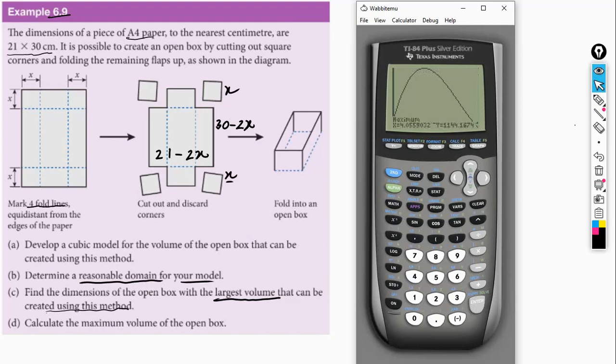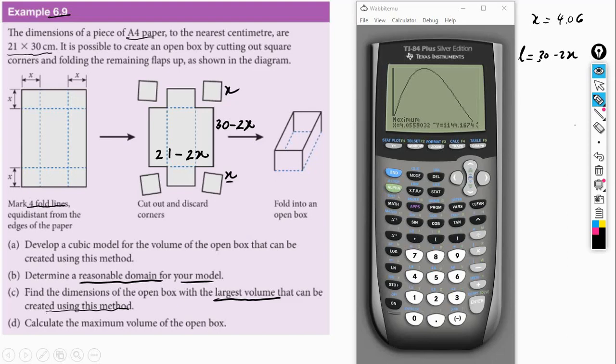Notice that it says that the maximum occurs when x is equal to 4.0559. So we can round that to three significant figures, and it's going to be x equals 4.06. Now recall that we said that the length is equal to 30 minus 2x.